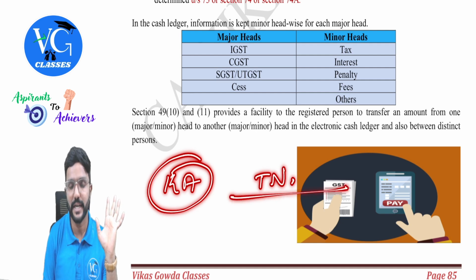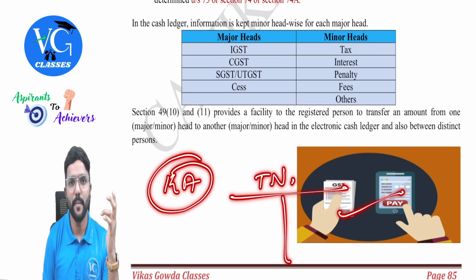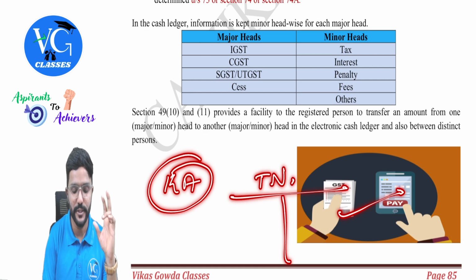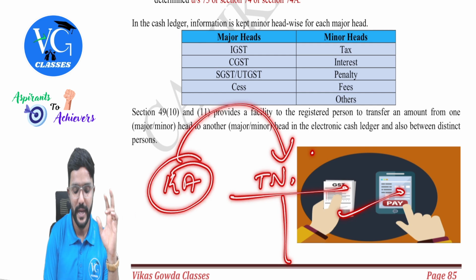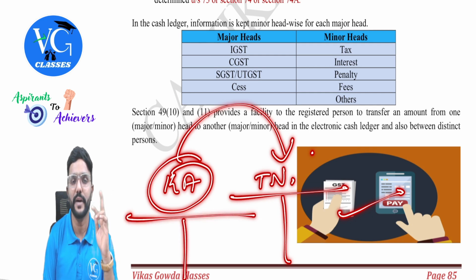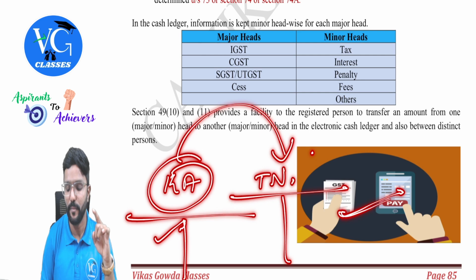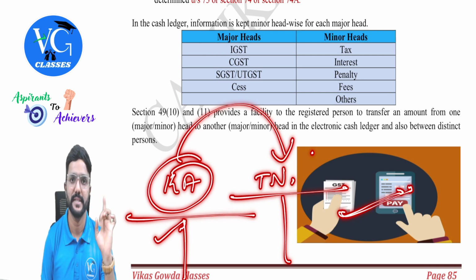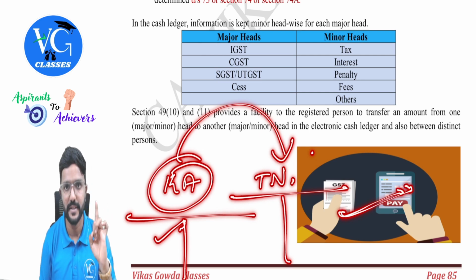Whereas in the electronic cash ledger of Tamil Nadu, the amount would be credited. I repeat, when we have transferred the balance from Karnataka to Tamil Nadu, in the electronic cash ledger of Karnataka the amount would be debited. At the same time, in the electronic cash ledger of Tamil Nadu, the amount would be credited, guys. Is that clear? Yes, sir.